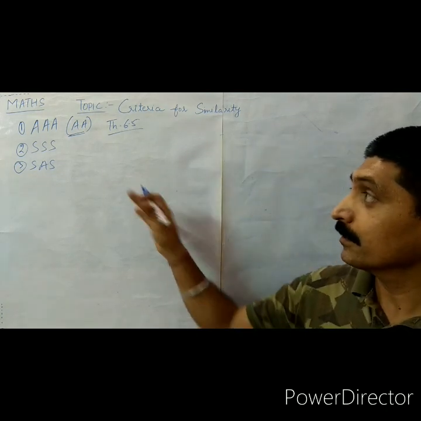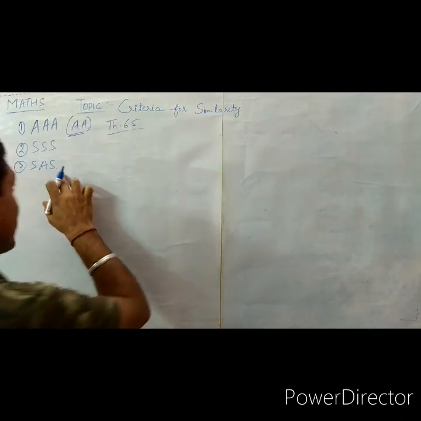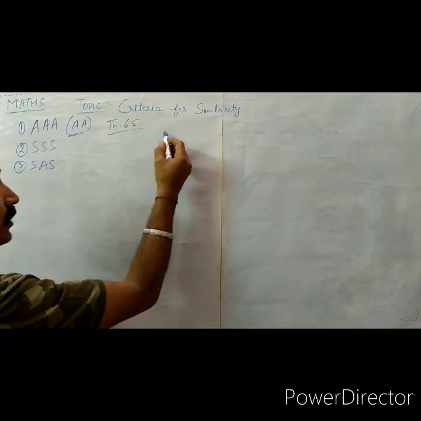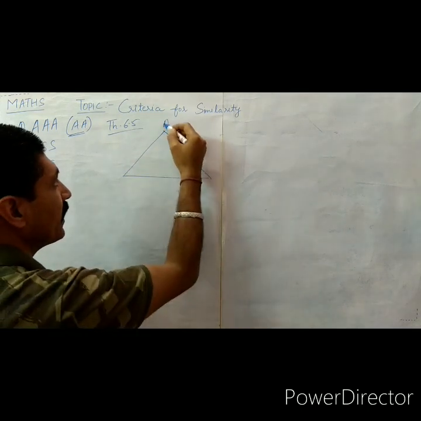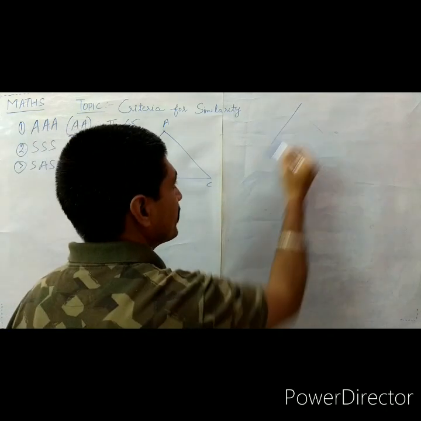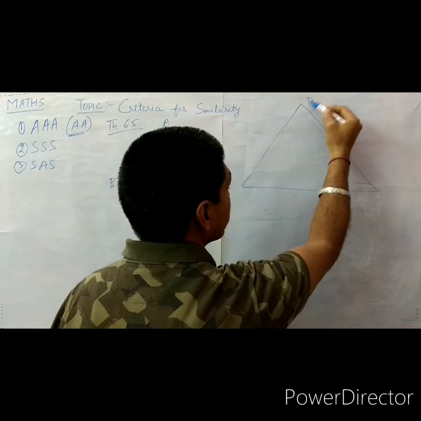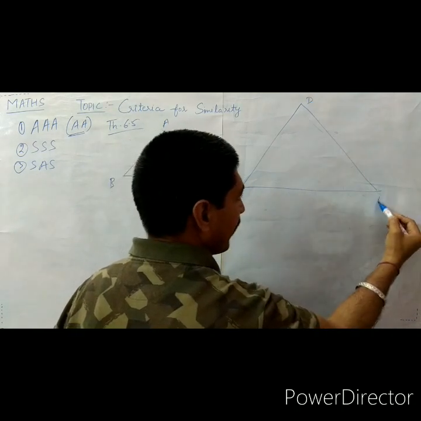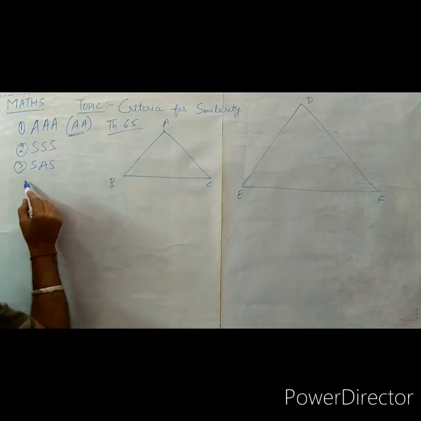So again, to prove the side angle side rule, we will go for two triangles, triangle ABC and triangle DEF.